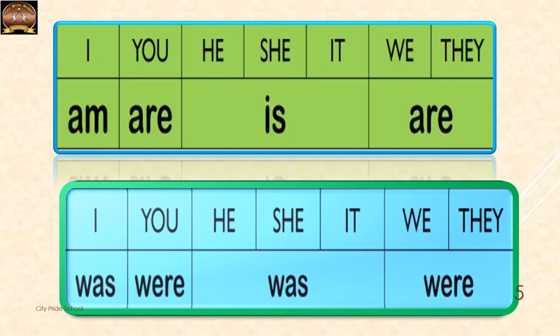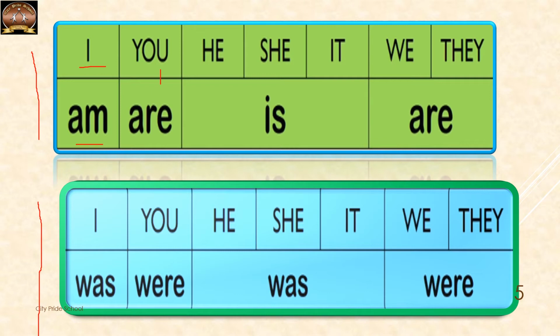Now, subject verb agreement shown in a tabular form will make learning very, very easy for you. The first table, the green table, shows subject verb agreement, verb in the present tense, and the second table in blue is showing verbs in the past tense. Okay. Now, I always goes with am in present tense.